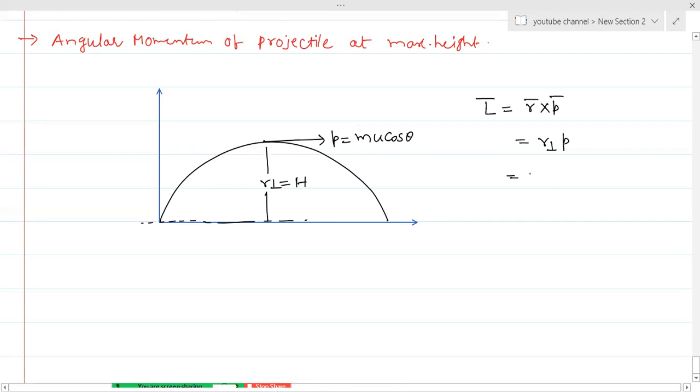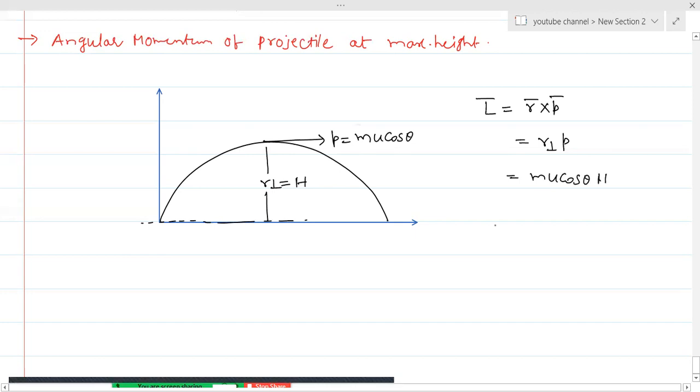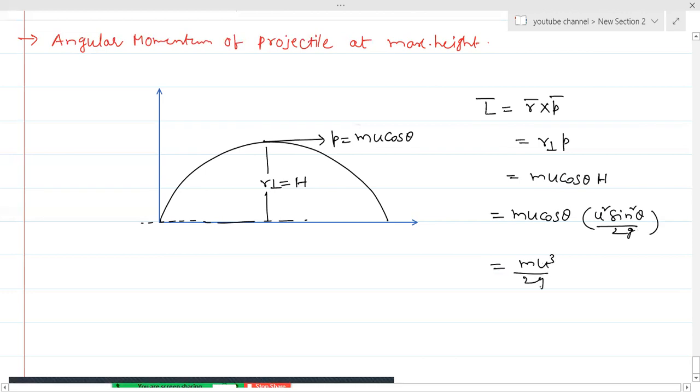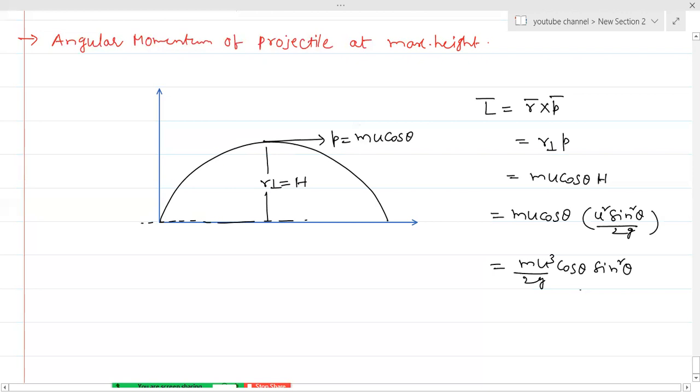So therefore we have m u cos theta into h, which is m u cos theta into u square sin square theta by 2g, so that is equivalent to m u cube by 2g into cos theta into sin square theta.